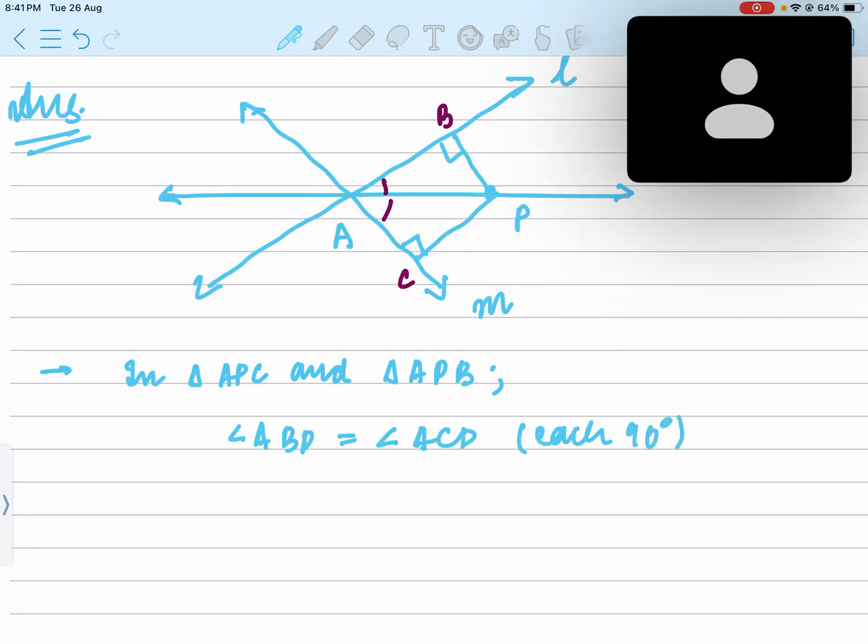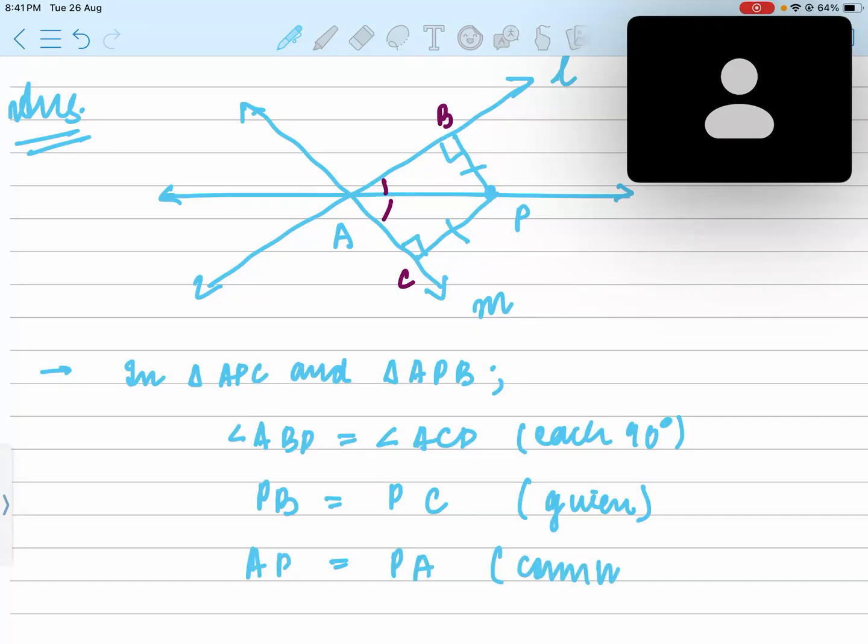Then children, see, it was also given to us that P is equidistant. So that means this line is equal to this line. So I can also say PB is equal to PC. Why? Given in the question. And now children, also I have AP is common line. So AP is equal to PA, common.